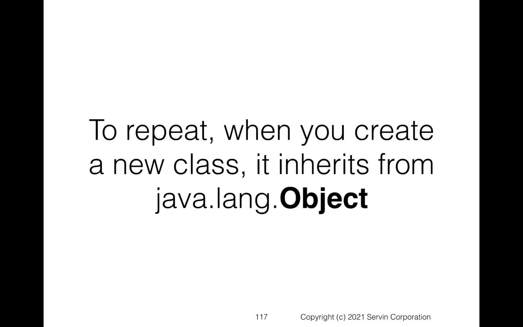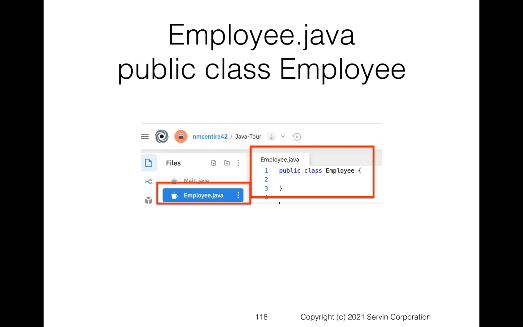Now to repeat, when you create a new class, it inherits from java.lang.Object. To demonstrate this, let's create a new class called employee. Notice we create a new file, employee.java, and we put in that file public class employee.